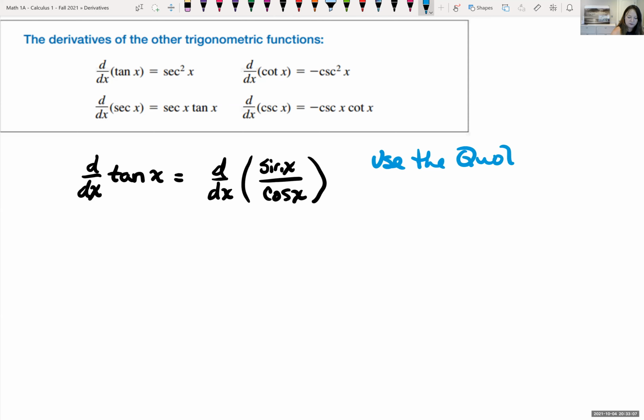So the quotient rule says we're going to first take the derivative of our numerator, and I'm just going to write this out, not take the derivative yet.